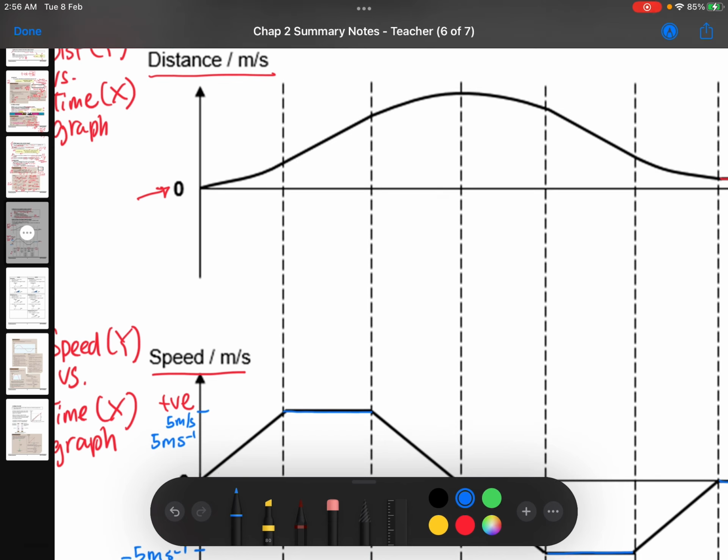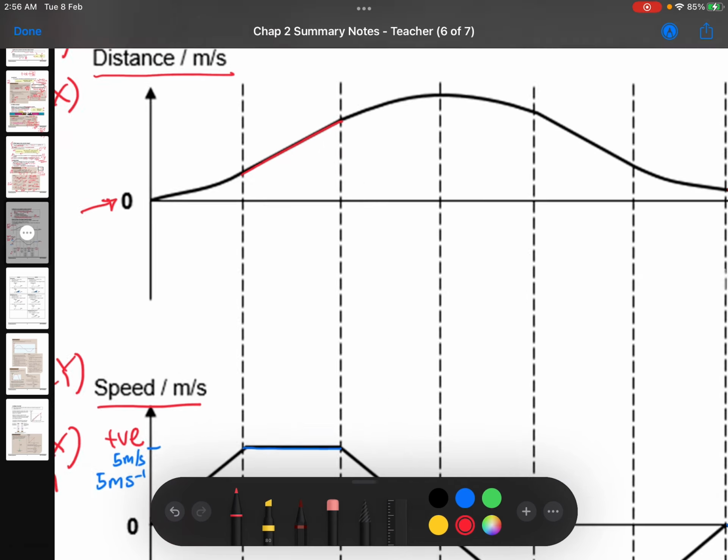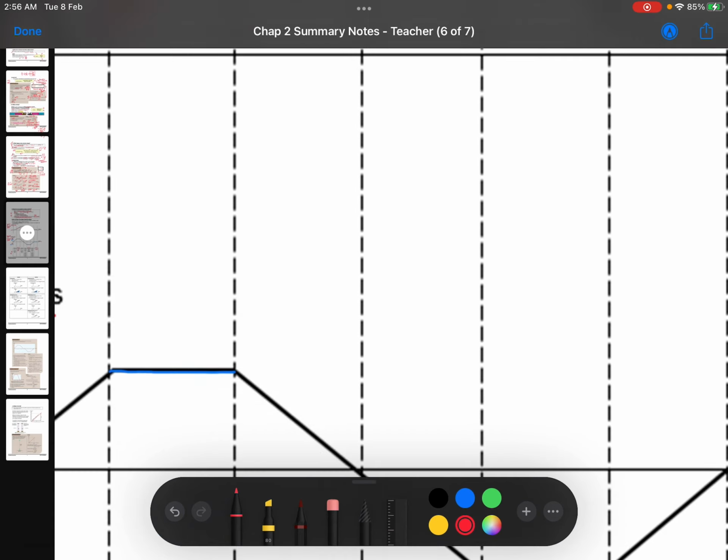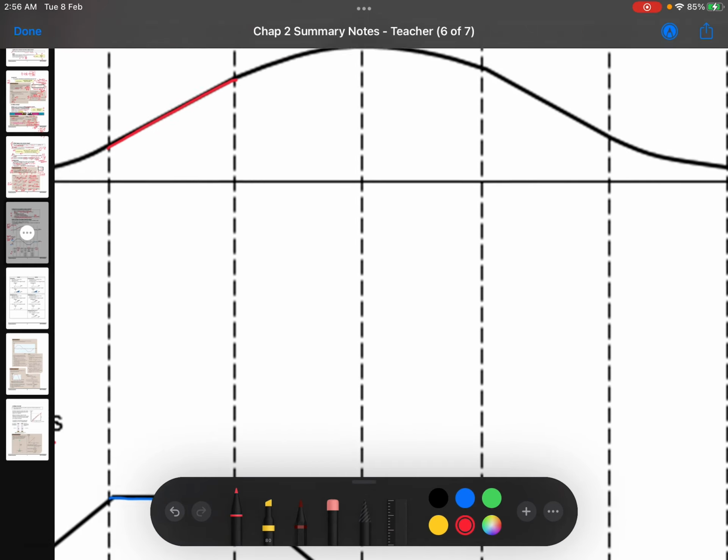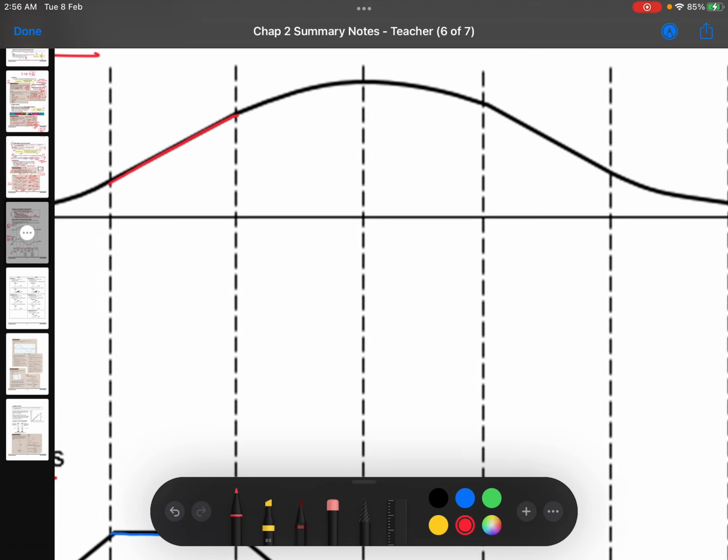It looks like this. You will notice that when you have constant speed, your distance increases in a straight line. Similarly, when you have constant speed in the opposite direction, you find that the distance decreases in a straight line.